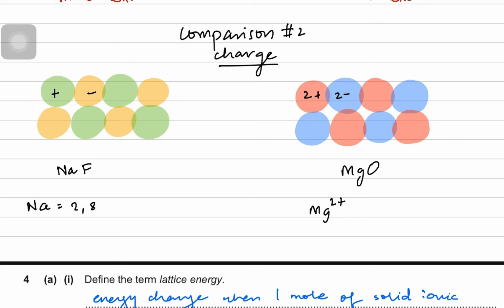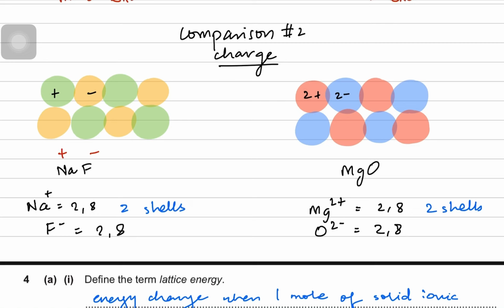Magnesium configuration was also 2,8. So both have 2 shells, similar size. When we talk about fluoride, the configuration was 2,8. When we talk about oxide, the configuration was 2,8, same size. But sodium fluoride has plus 1 and minus 1 ions. Magnesium oxide has plus 2 and minus 2 ions.